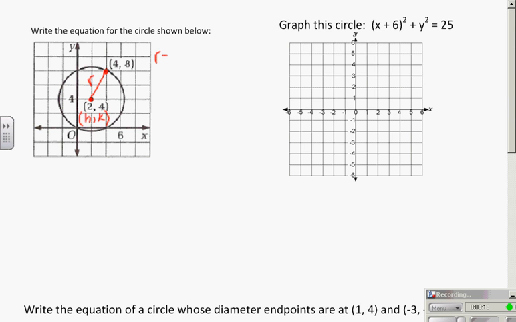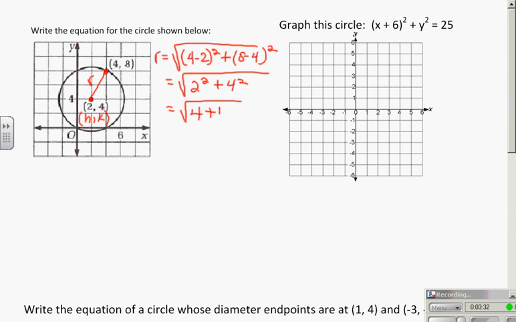So the radius is equal to the square root of (4 minus 2) squared plus (8 minus 4) squared, which is equal to the square root of 2 squared plus 4 squared, which is equal to the square root of 4 plus 16, which equals the square root of 20.